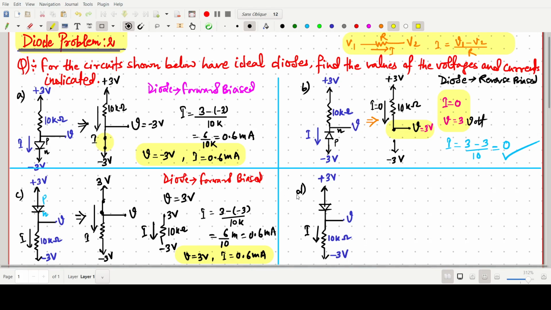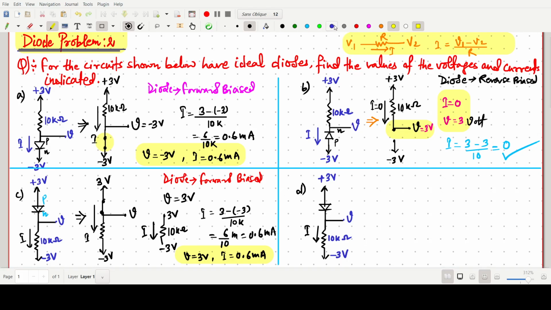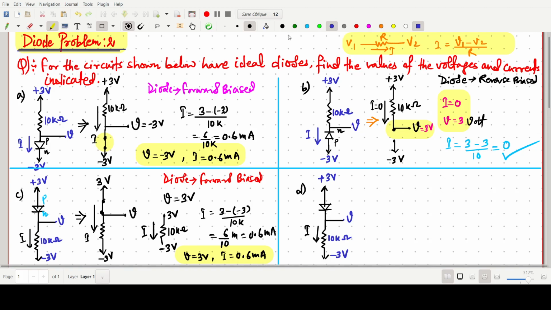Okay, now for question number D. What we have to do, again we have to start with the diode, this one is P N. In this case there will be a slight change.